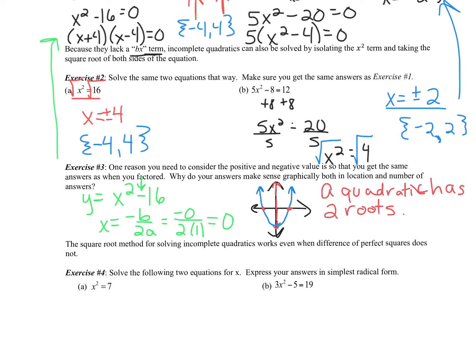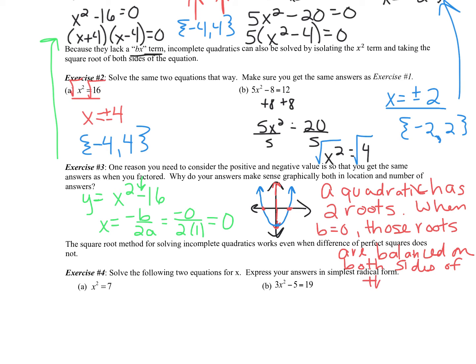And then when b equals 0, those roots are balanced on both sides of the y-axis. So it makes sense we would get that positive answer and the negative answer of the same number.